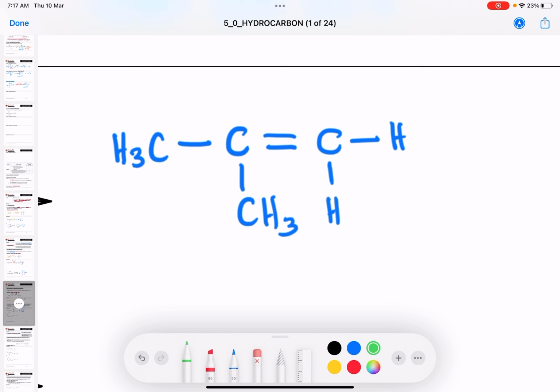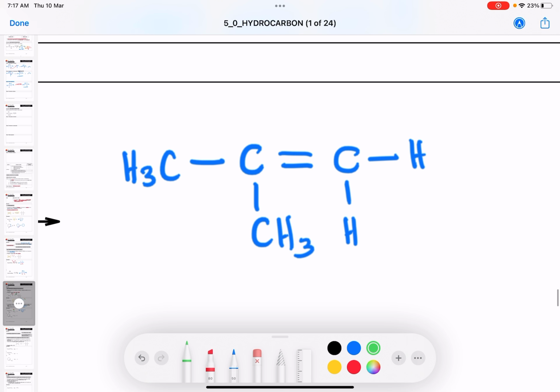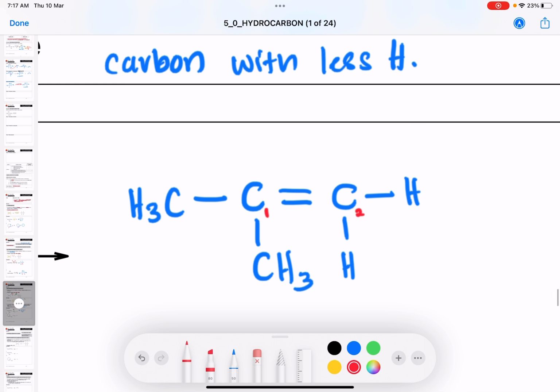So let's see this. Now as usual, I will put this as carbon number 1 and this is carbon number 2. Now, how can we determine whether bromine will go to C1 or C2, OH will go on to C1 or C2? We have to look at the number of hydrogen attached to the carbon.